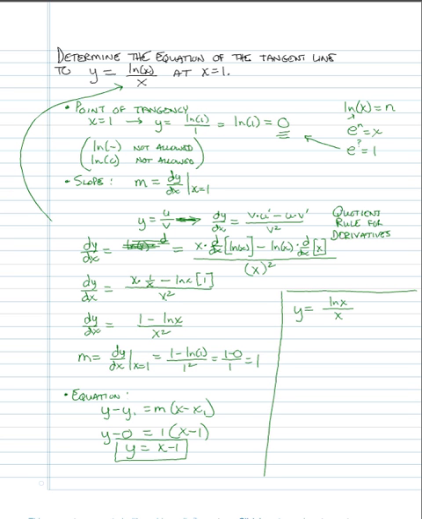So I don't particularly like to use the quotient rule, and if I can get away without using it, sometimes I do. And so what I want to point out to you in this case, you can always do this, but in this case, we could have written our function as x to the negative 1 times the natural log of x. That's actually the same thing, isn't it? Because x to the negative 1 is just 1 over x.